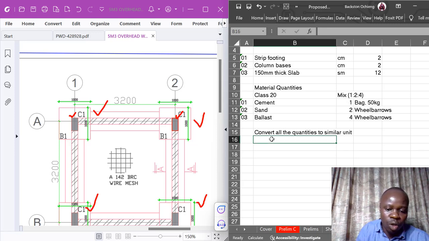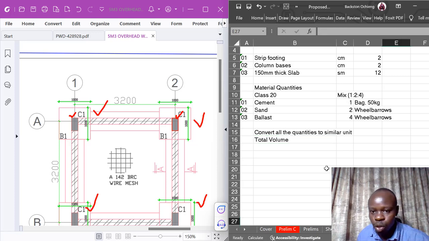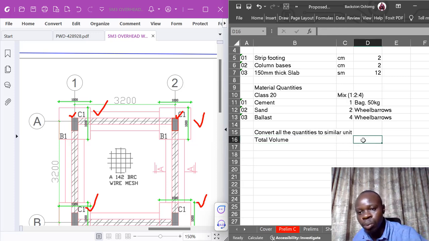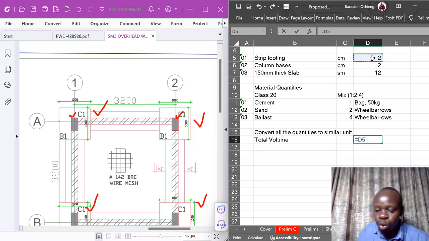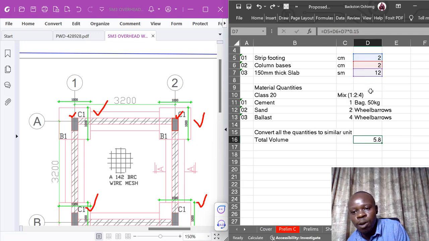So the total volume in this case is going to be 2 plus the other 2, and then for the slab I convert it into cubic meters by multiplying the area by 0.15, which is the thickness.